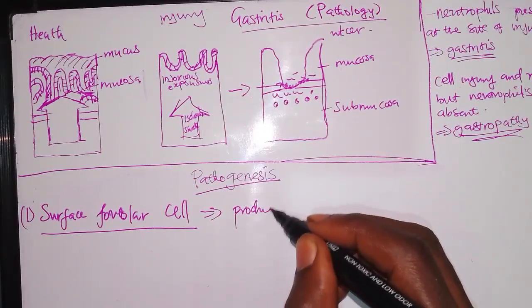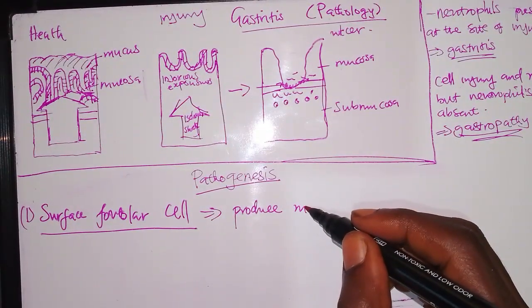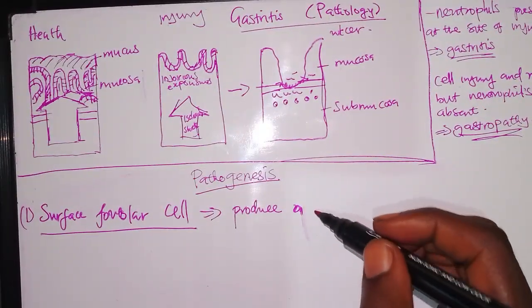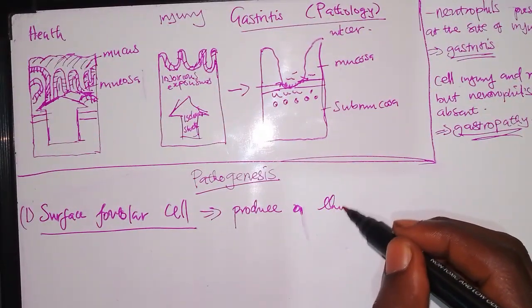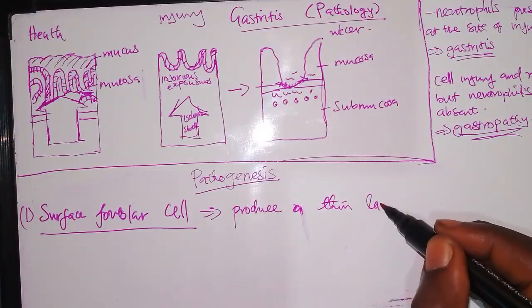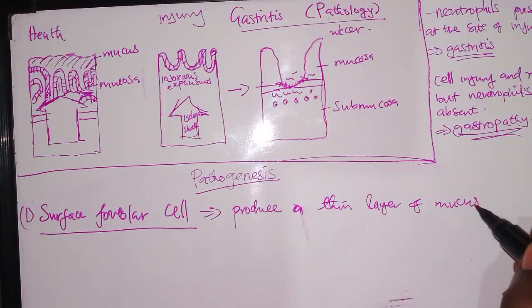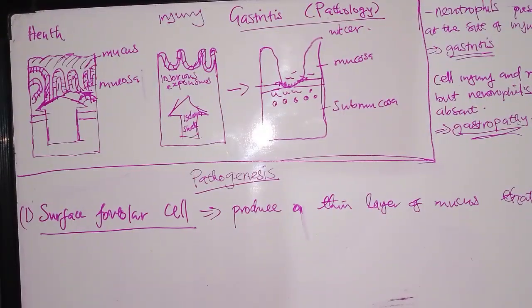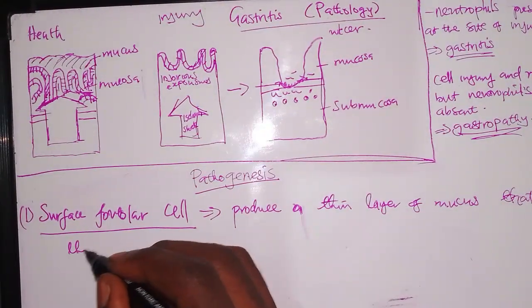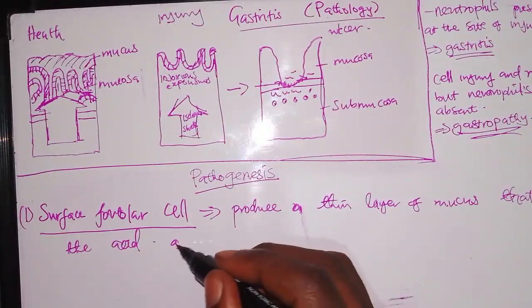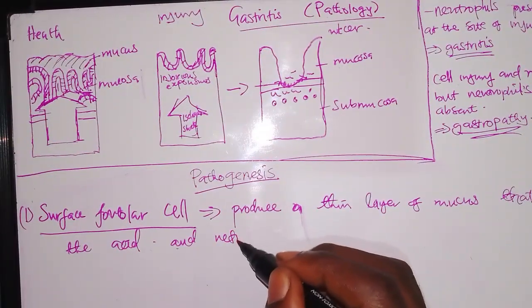They produce a thin layer of mucus that resists the acid, and it has a neutral pH.